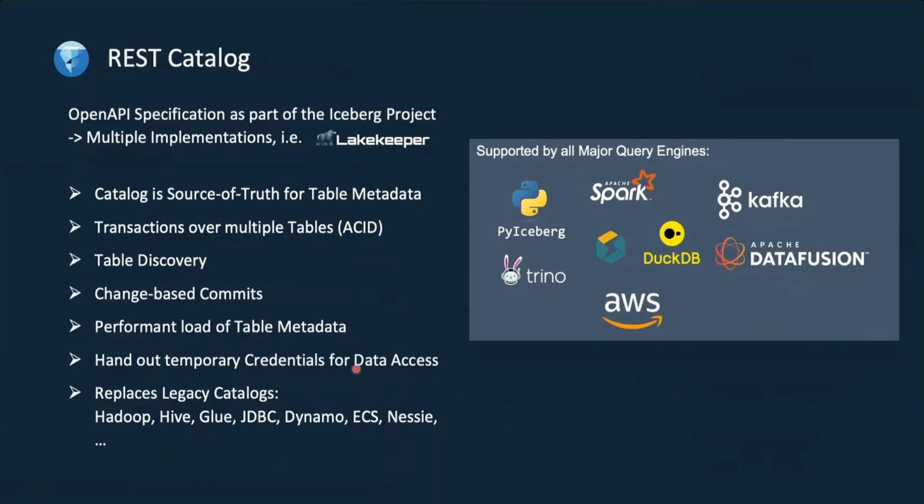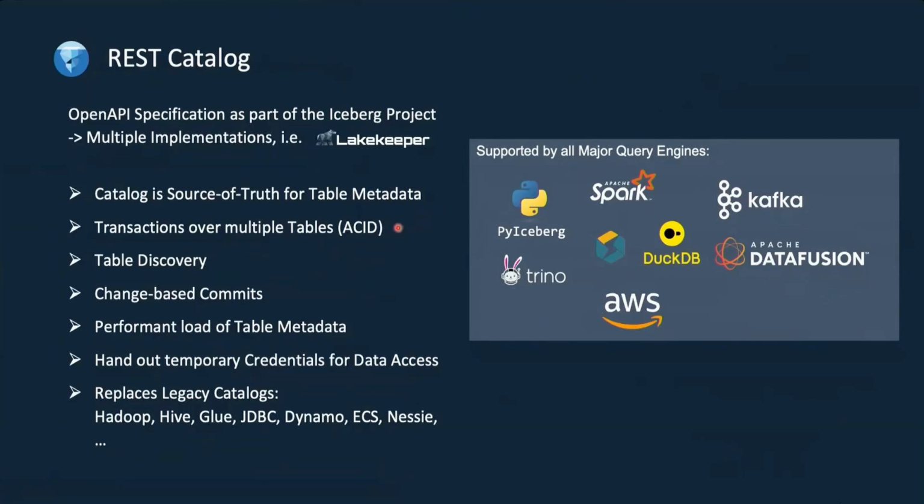Why do we need a catalog at all? Well, first of all, we need a single source of truth for table metadata. An Iceberg table has at the top a table metadata JSON file which keeps track of all the different snapshots and all the different things that happen to this table. And we need a central place to store this data. We also need a central place to have a good old database built in, because the catalog also takes care of multi-table transactions, right?